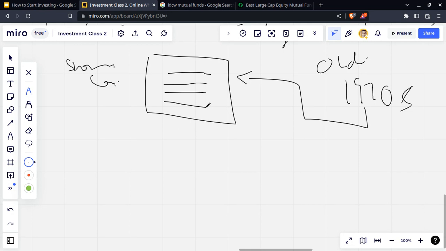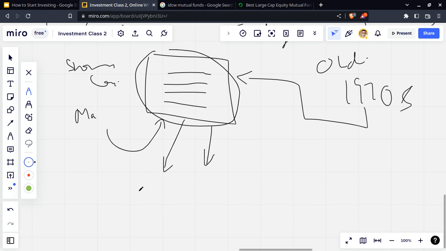Since this was in paper form, it was known as material form. But then, with digitization, these things started happening in electronic format. So all these shares started getting dematerialized, meaning there is no more material format, they are in digital format.